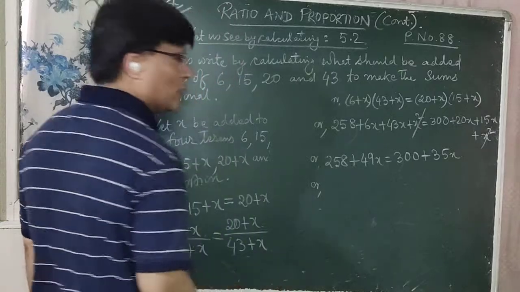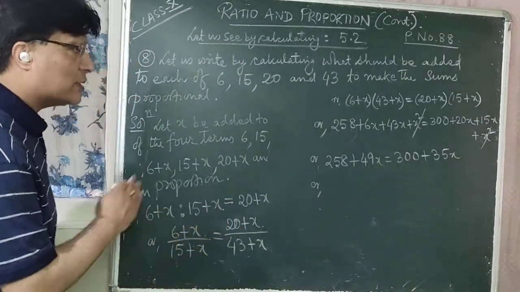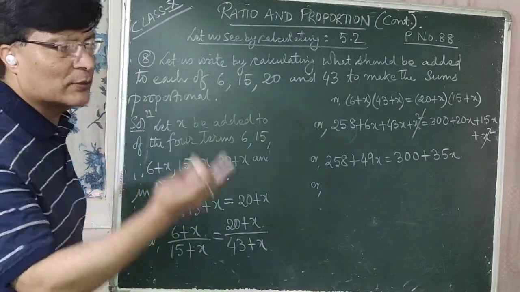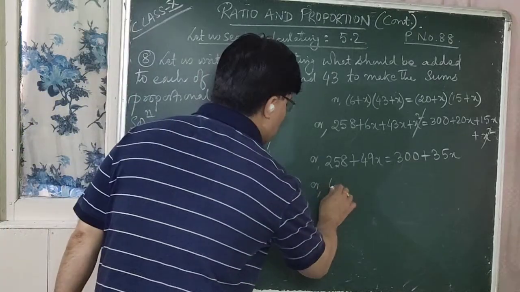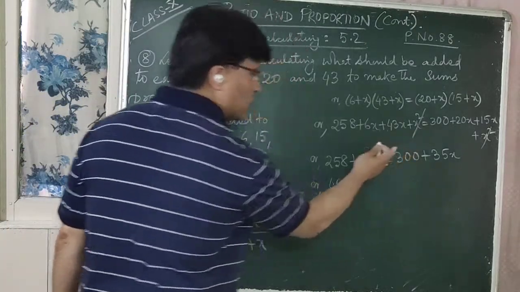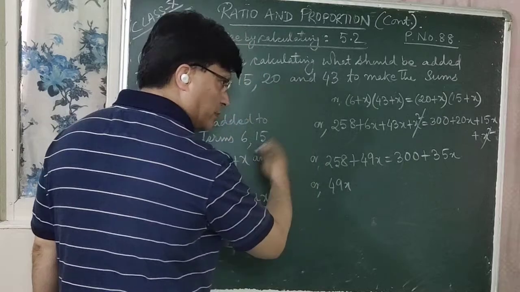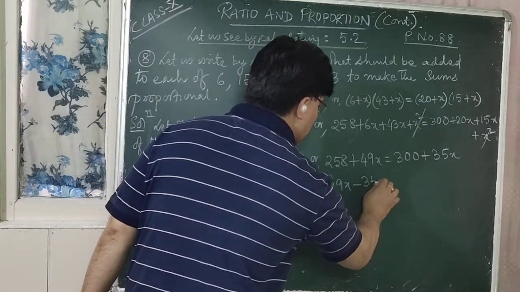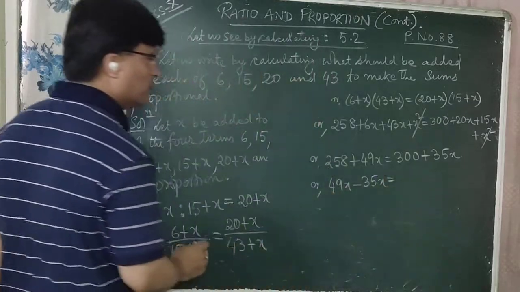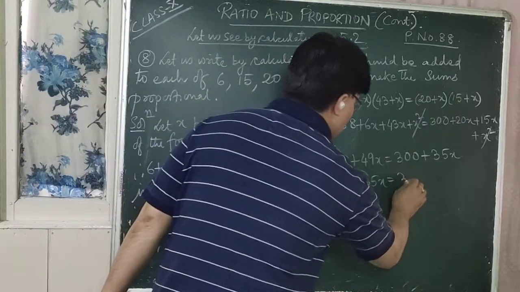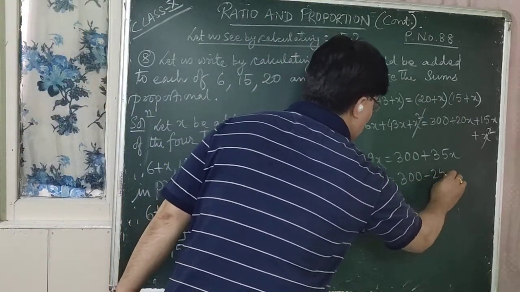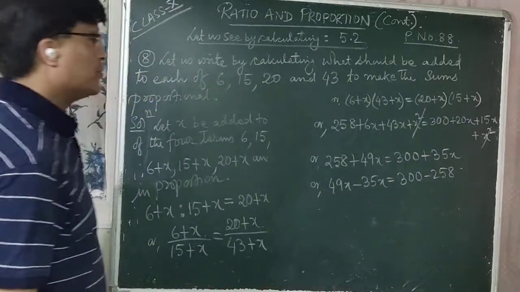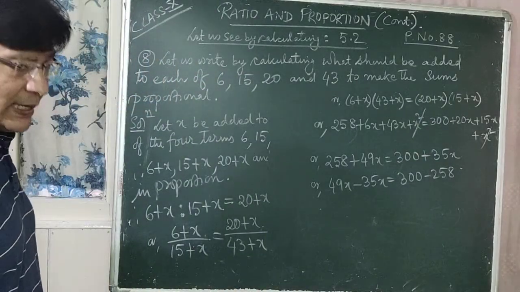Now you can keep the terms containing x on the left hand side and the constant terms on the right hand side. So 49x, and 35x taken to the left hand side becomes minus 35x, is equal to 300 minus 258.